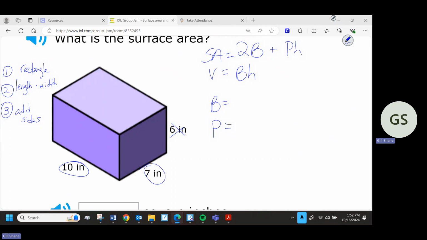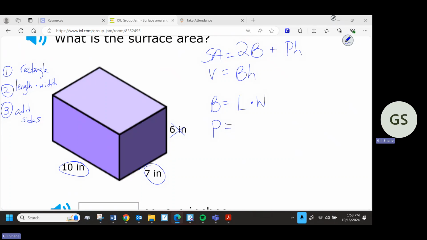And then what's true in a rectangle? If I have a 10 and a 7 there, what else do I have? I got a 10 and a 7 on the other sides. That 6 is not part of the base. Do not use the height when it comes to this first part of the process. So the base would be length times width. So what numbers am I using for length times width? 7.